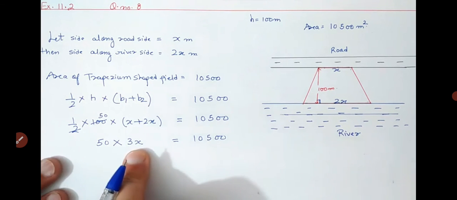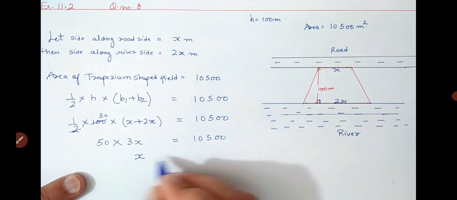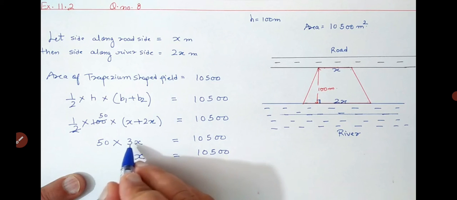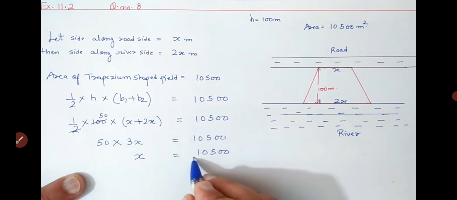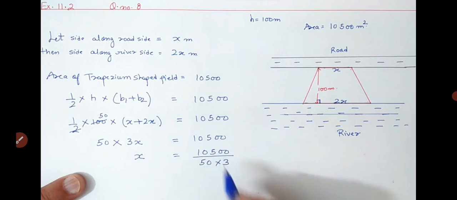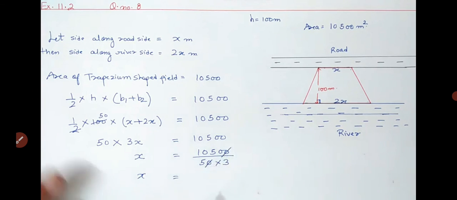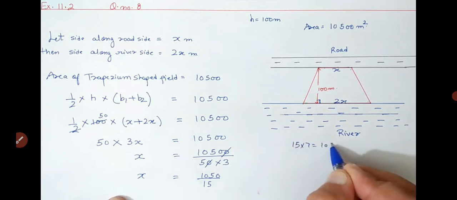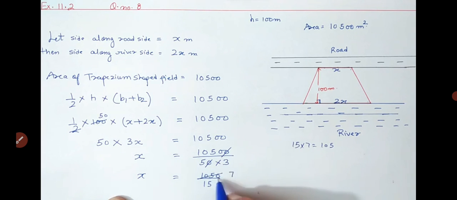Okay, so 3x is equal to 10,500 upon 50 into 3. 50 into 3, that is 150. ओके, ज़ीरो से ज़ीरो कट कर दीजिए. 5 1 जा 5, we can get 15 1 जा 15, 15 7 जा 105, and we can get 70. Okay, so x is equal to 70.